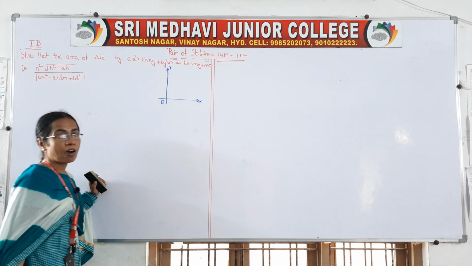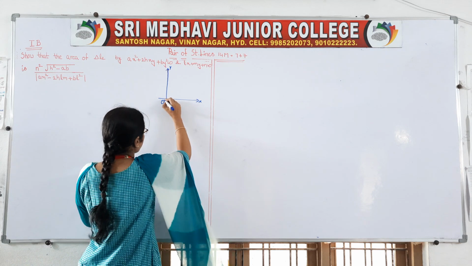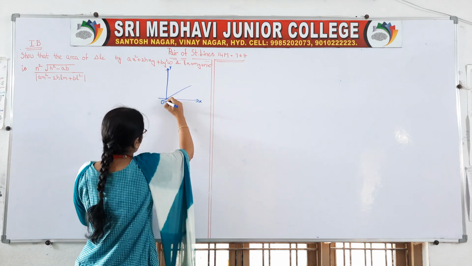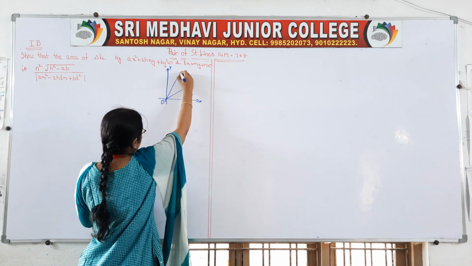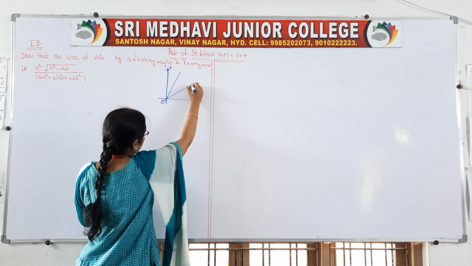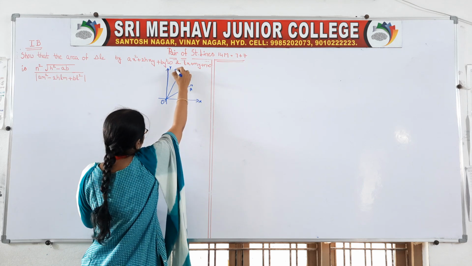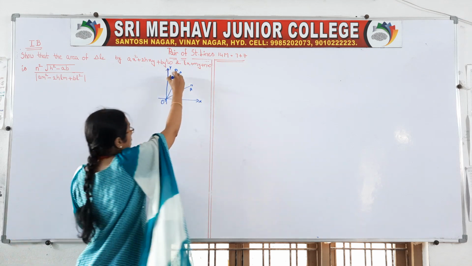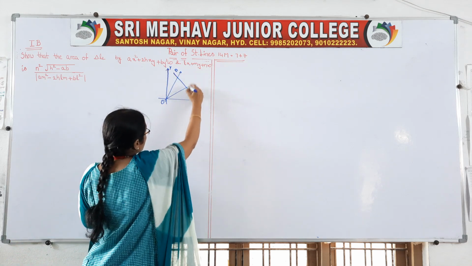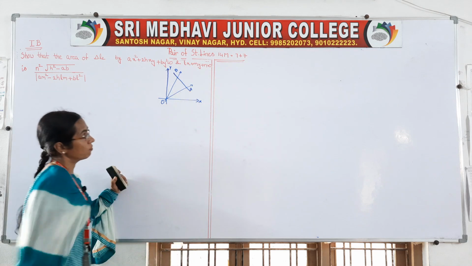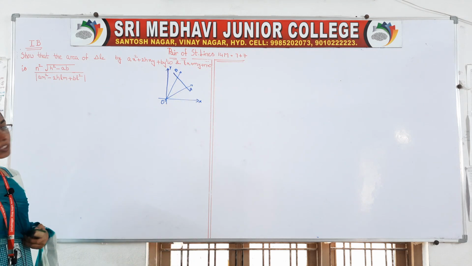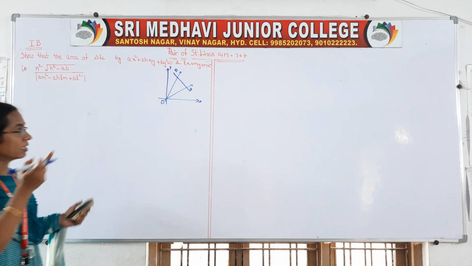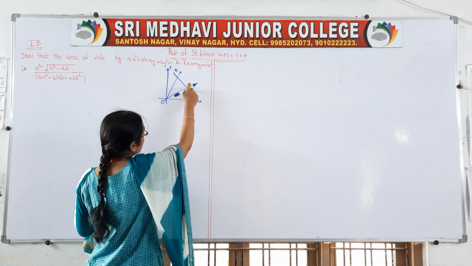Take OA and OB, this is A, this is OB, the OA line and OB line, and the third line is given to you: lx plus my plus n is equal to 0. That is the line AB.